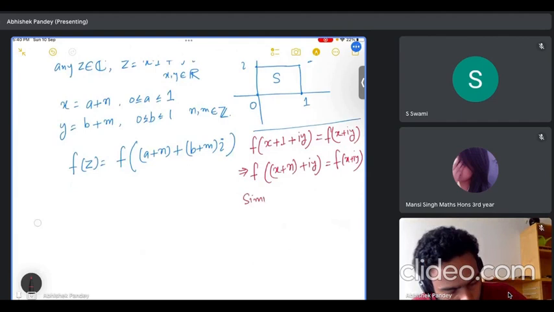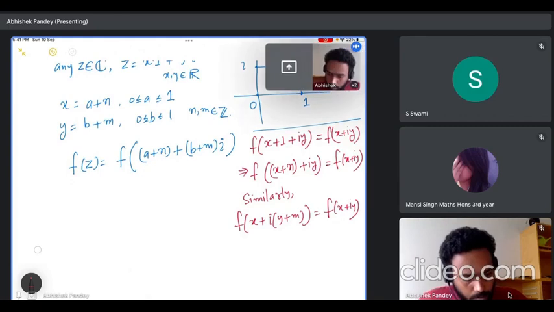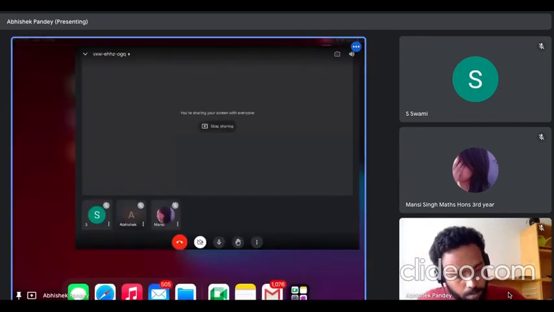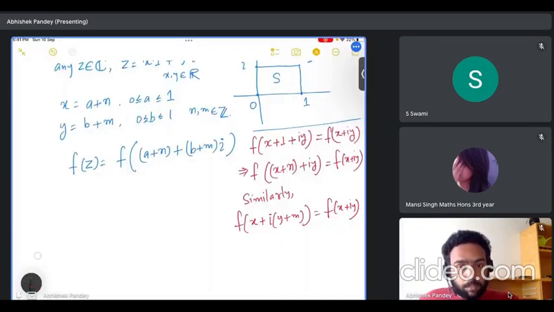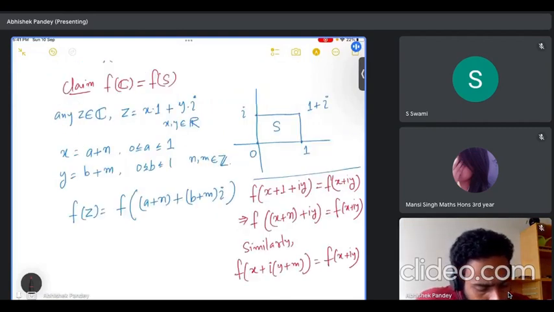Similarly, f of x plus iota y plus m is basically f of x plus iy. I hope I'm audible. So how are we getting this one? Basically x plus n plus iota y.